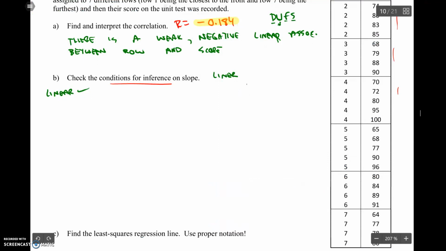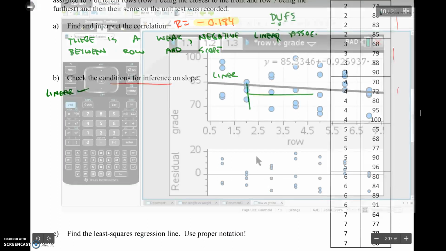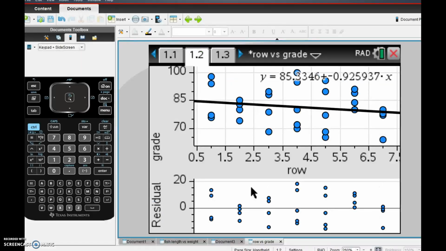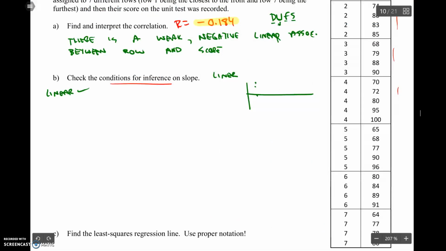So I'm going to draw a little quick picture of the residual plot. I should do a better job copying that down. If this is the AP test, we'd do a better job copying it down. The residual plot has no pattern. Check.